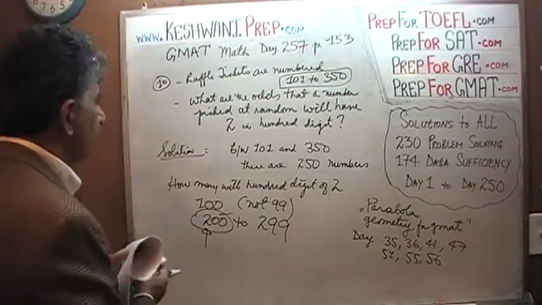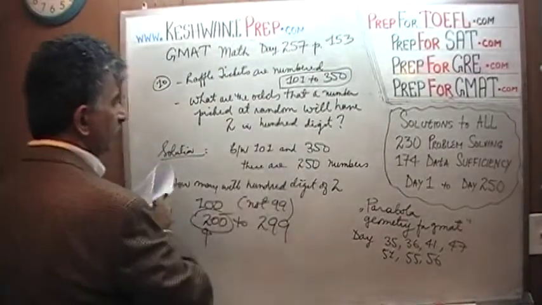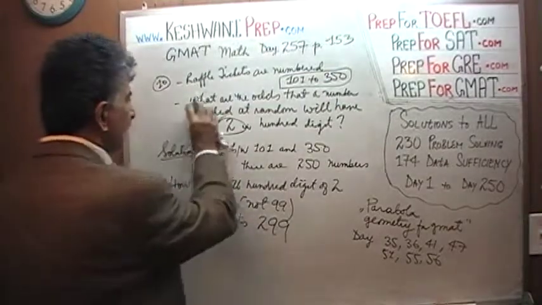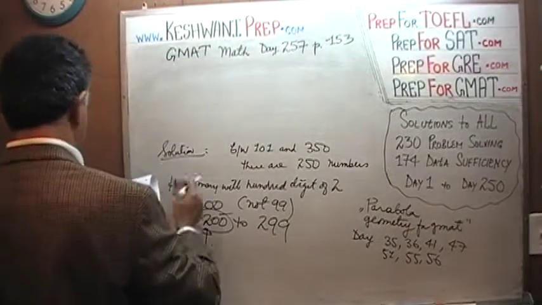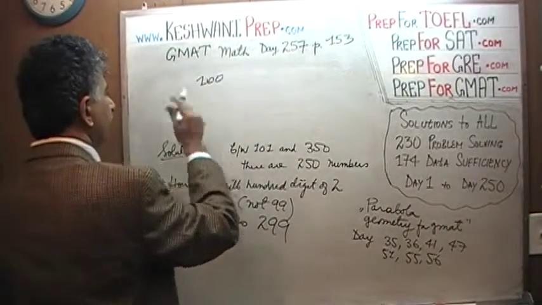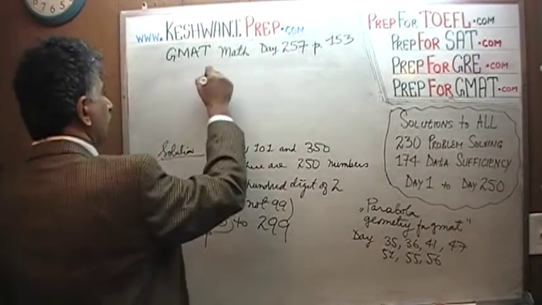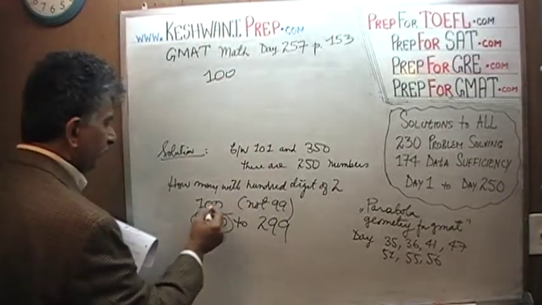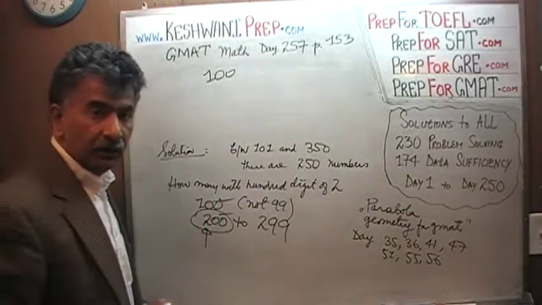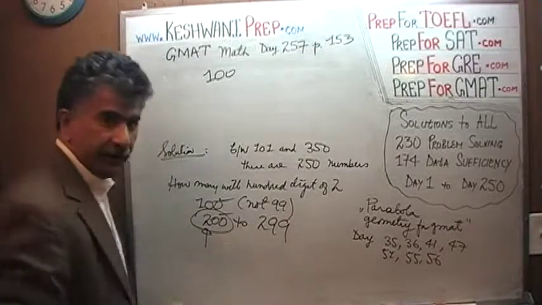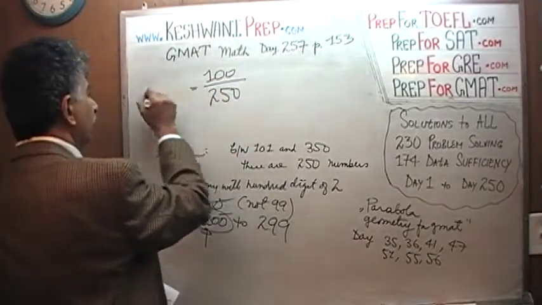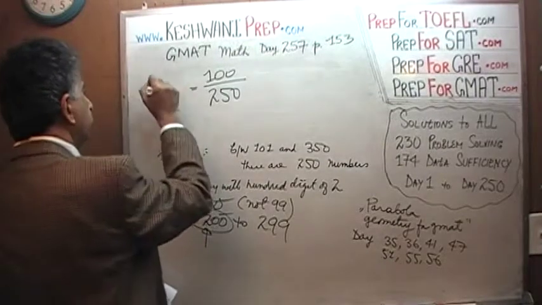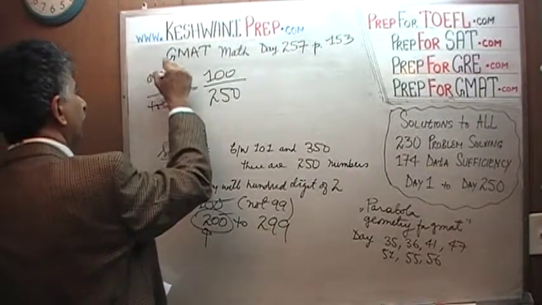So we're almost done. The odds of picking a number with 2 in the 100 digit is very simple. We have 100 numbers with the 2 in the 100 digit, from 200 to 299, and there are a total of 250 numbers.